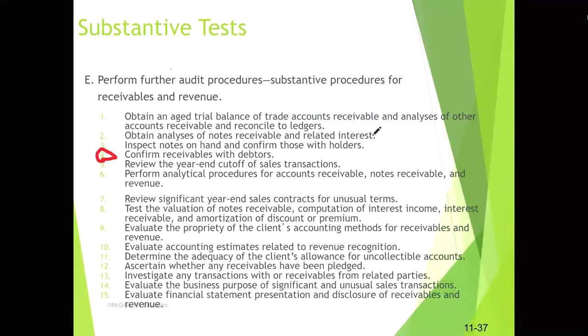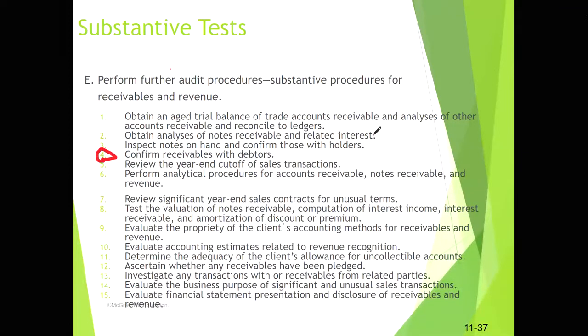So we're doing a confirmation or a series of confirmations similar to the bank confirmation that was talked about in the cash topic. The receivable confirmation is also a form, again using something like confirmations.com to send a request to those customers or others that owe our client money and say, okay, our client says that you owe them this amount as of the fiscal year end date.